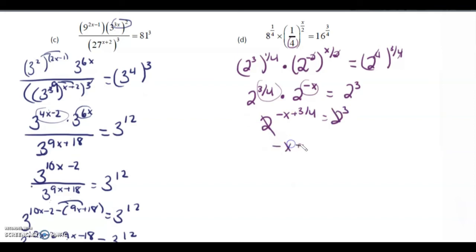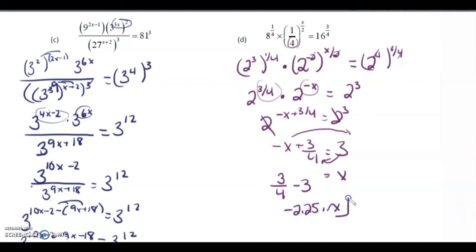So I get negative x plus 3/4 equals 3. Let's bring this x over so it turns to positive x, and I'll bring this 3 over so it's negative 3. So 3/4 minus 3. Okay, so I get x equals negative 2.25.